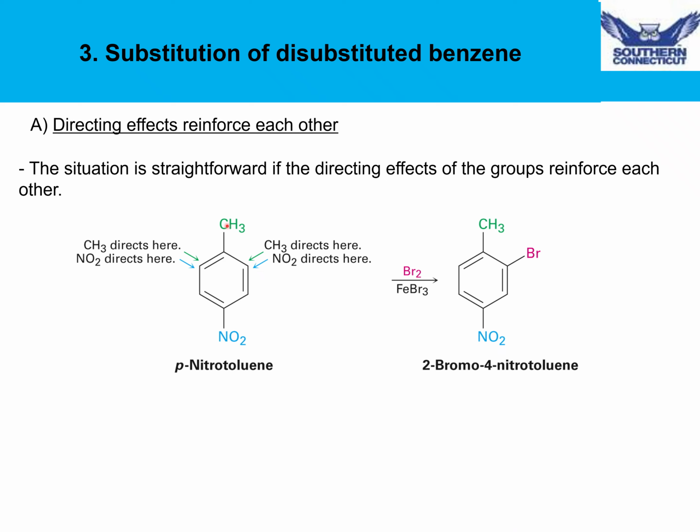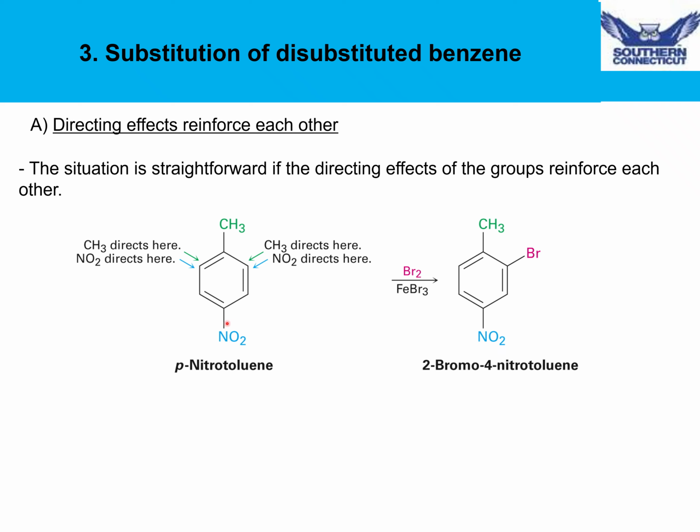In the case of the methyl group, it's an ortho-para directing group, and so it would be directing a bromine to the ortho position to it, which would be these two carbons here. The para position is blocked because of the nitro group, so there's only two possible places to direct a new substituent.